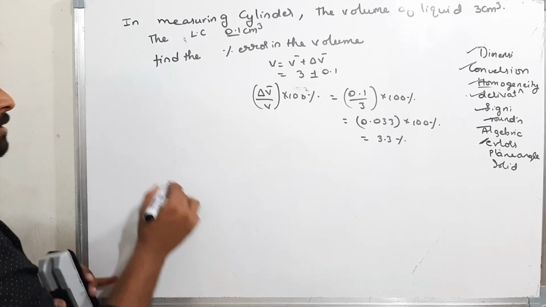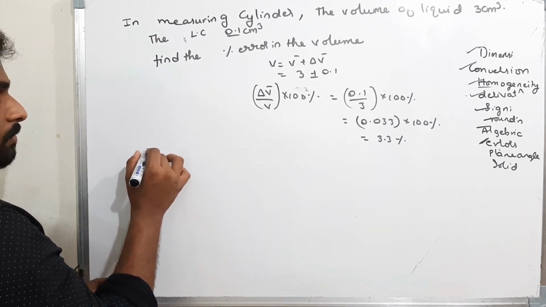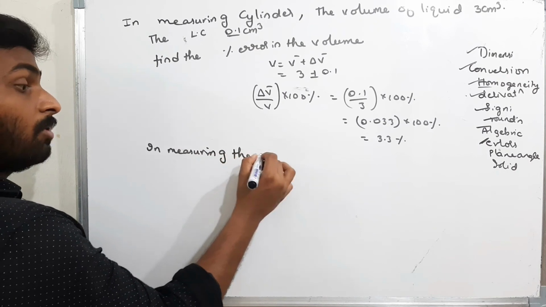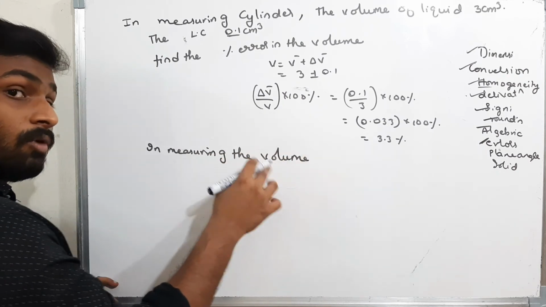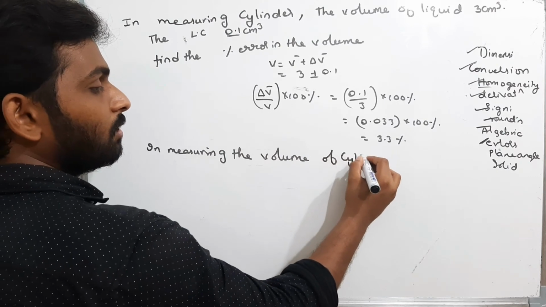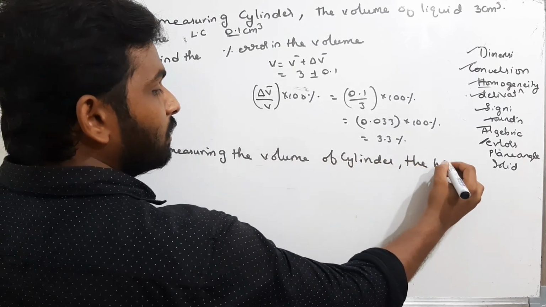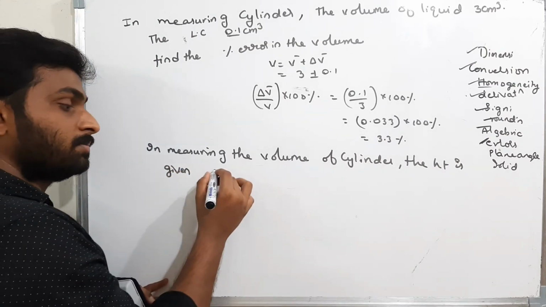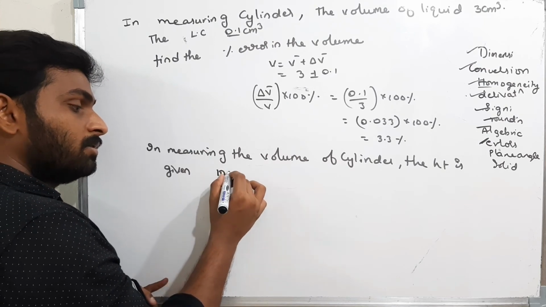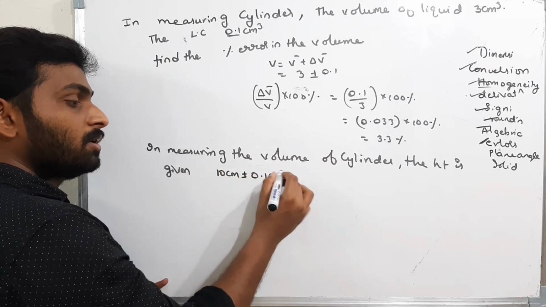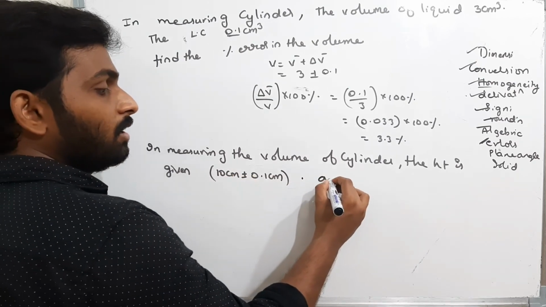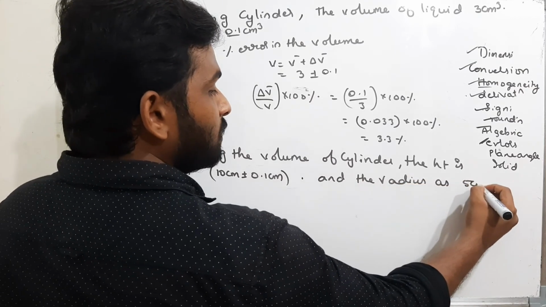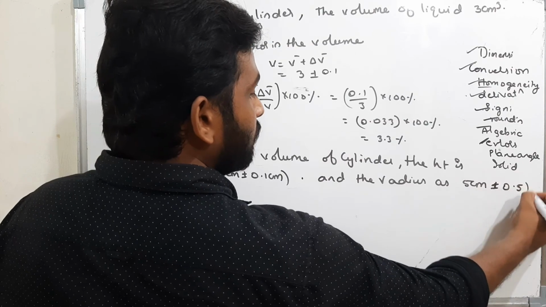Okay, now we'll see the next question. In measuring the volume of a cylinder, the height of the cylinder is given as 10 centimeters plus or minus 0.1 centimeter, and the radius of the cylinder is given as 5 centimeters plus or minus 0.5 centimeters.